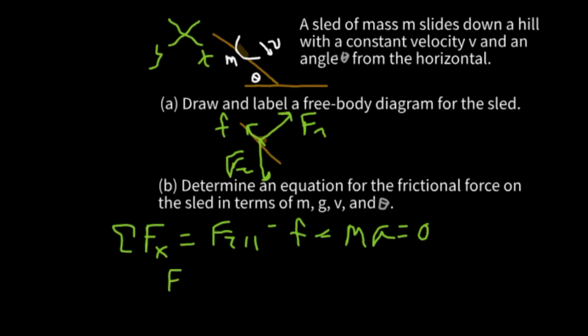So that means the force of the Earth parallel to the sled equals the force of friction. Now, if you remember, the force of the Earth parallel to the sled is just mg sine theta because sine slides. And that is the answer for part B.